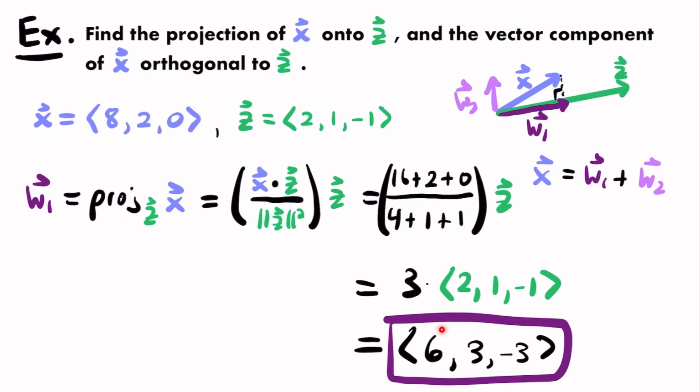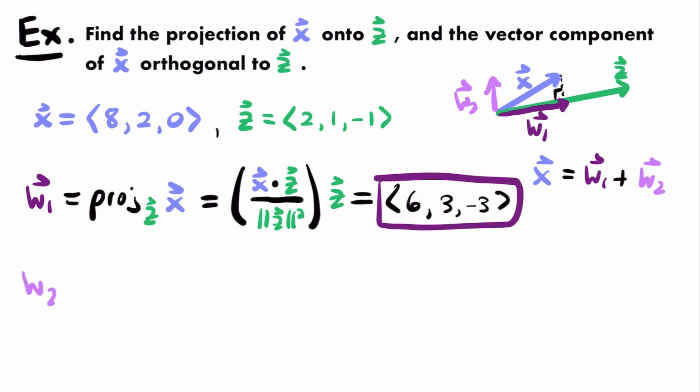But now let's use this vector to find vector w2, or the vector component of vector x orthogonal to vector z. And so to find vector w2, what we need to do is take vector x and subtract vector w1, right? You take the vector that you are projecting onto the other vector and subtract the projection vector that you found, right?